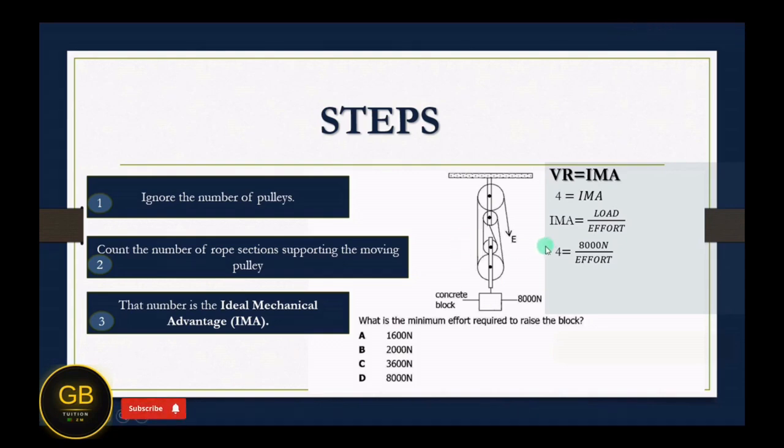We have now 4 equal to 8,000 Newton divided by effort, and we can get our effort by simply dividing 8,000 Newton by 4, which gives us 2,000 Newton as our minimum effort which is required to lift the block. Alright, so from there our answer is what? 2,000 Newton, which is B.